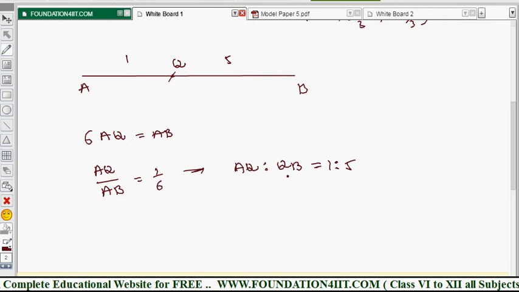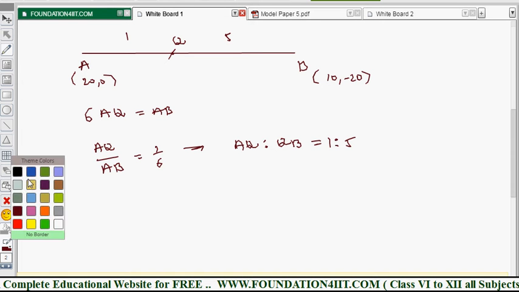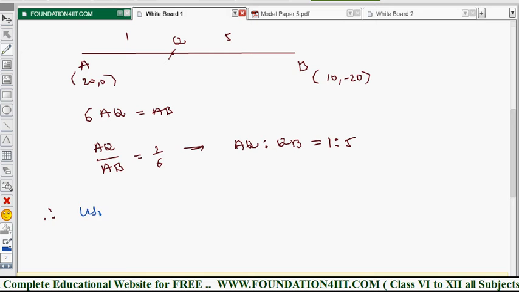This is the m:n ratio. Similarly, A and B are fixed: A is (20, 0) and B is (10, -20). Using the section formula, Q is mx2 plus nx1 by m plus n.